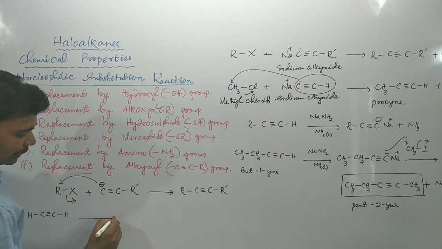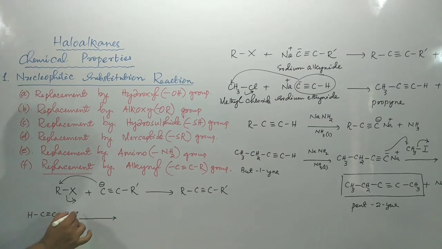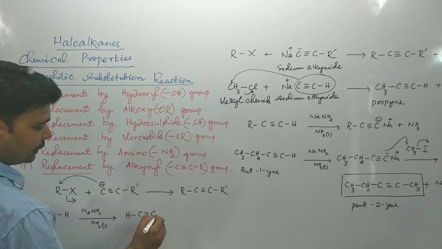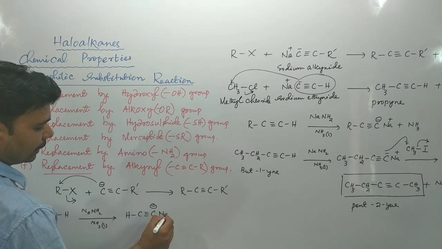When it is treated with 1 mole of NaNH2, sodamide in liquid ammonia, then one of these hydrogens will be replaced, giving HC≡C- Na+.